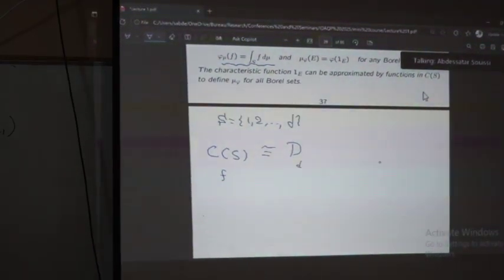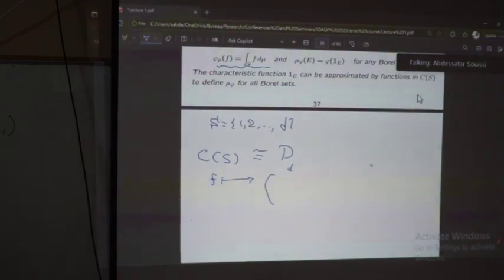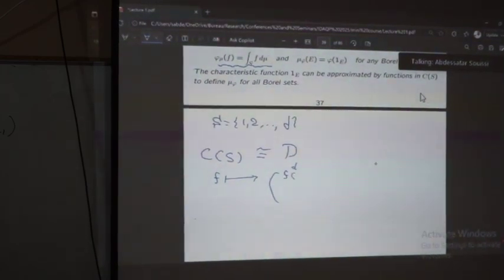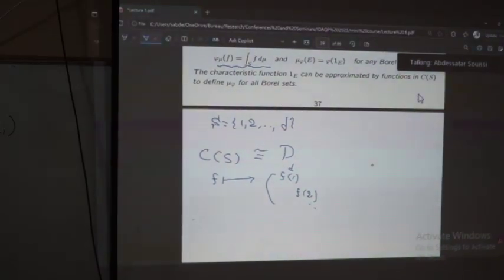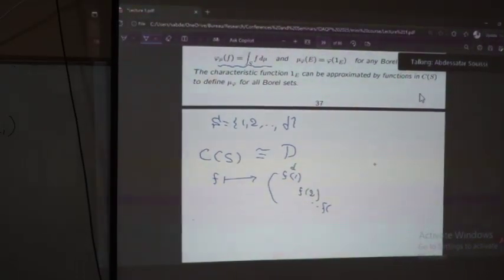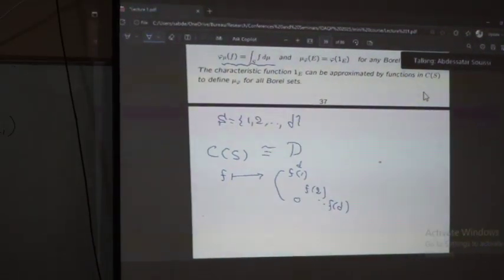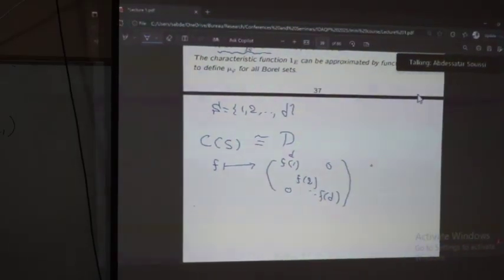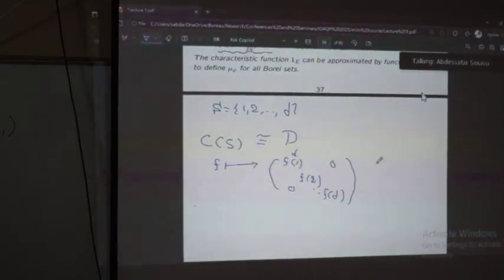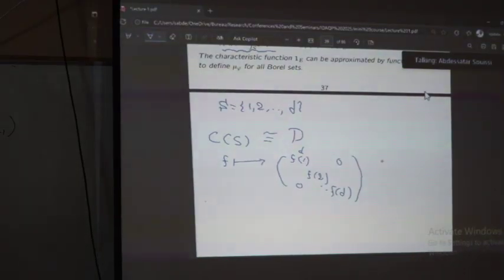For every f, we can associate the diagonal matrix defined by f of 1, f of 2, up to f of d on the diagonal, so that this map is a star isomorphism, which is obvious.